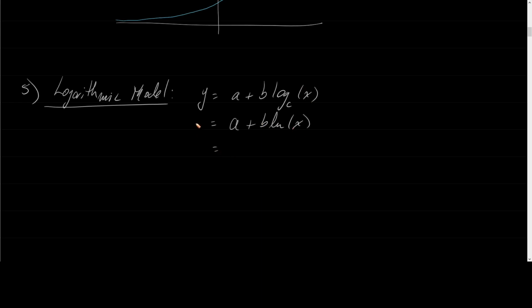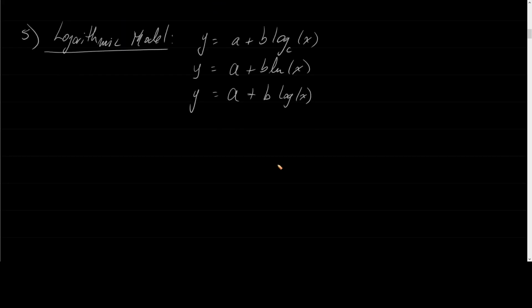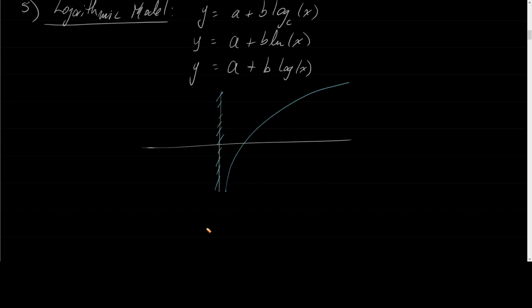If we do it with the common log, it would be a plus b log of x. All right. But either way, they all look essentially the same. It looks something like that. All right. Having this vertical asymptote of the y-axis. All right, so let's see some examples of some of these.